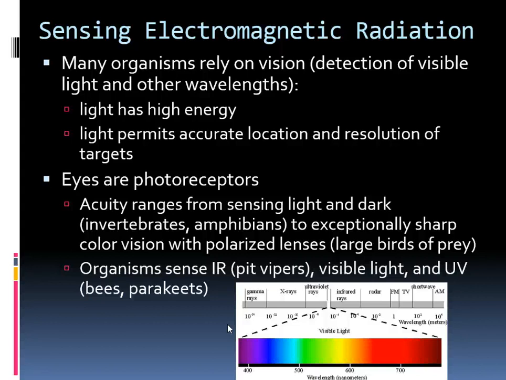And then some organisms actually sense infrared, right, like pit vipers. We do visible light, and I've already talked about this a little bit. And then UV, a lot of insects and some birds actually sense UV as well. They see UV, and so birds look totally different to each other than they do to us.